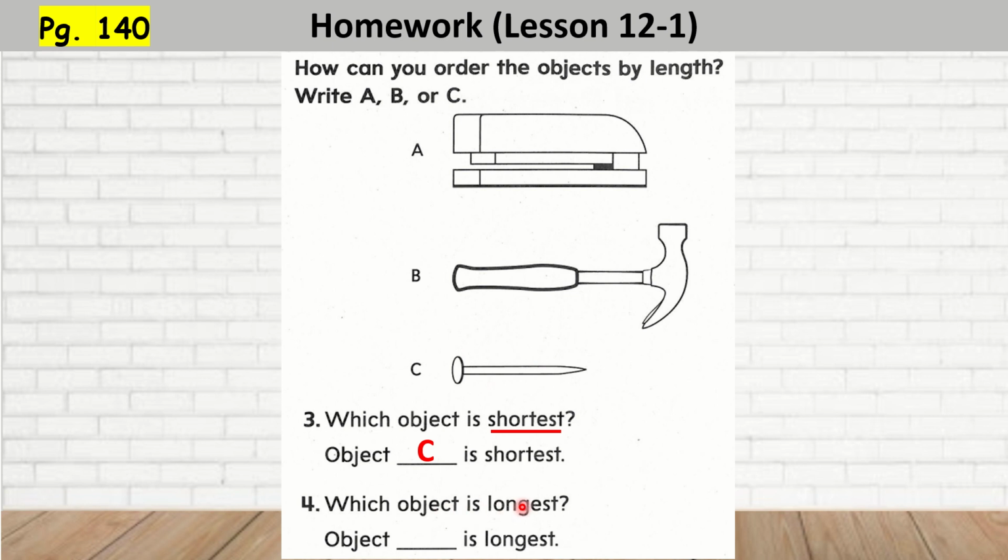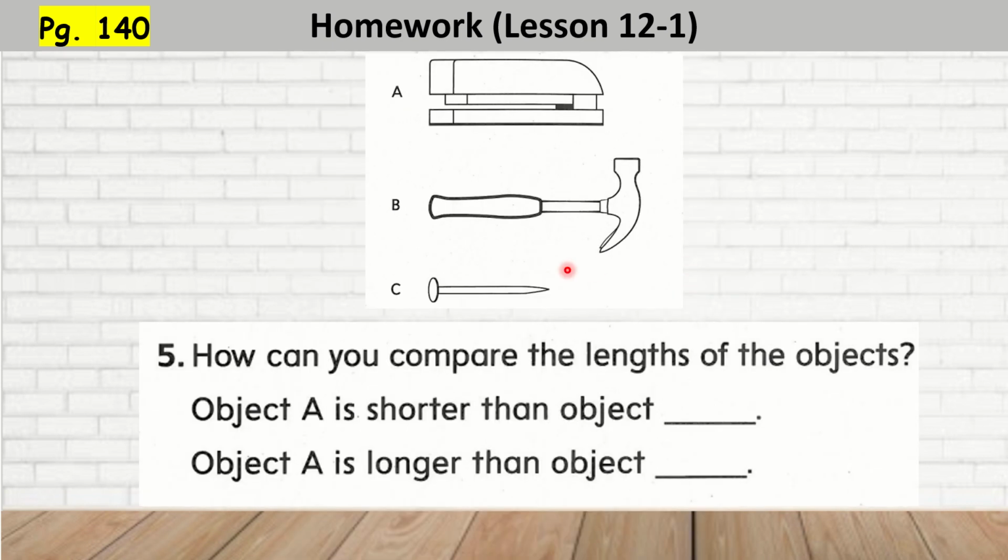Which object is the longest? Look at the length of the object. The longest is B, the hammer. Okay? Question number 5. How can you compare the lengths of the objects?